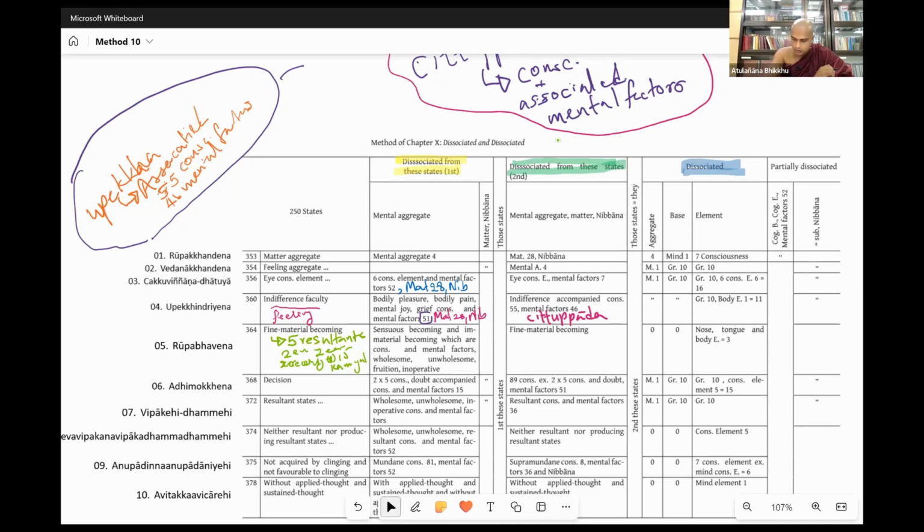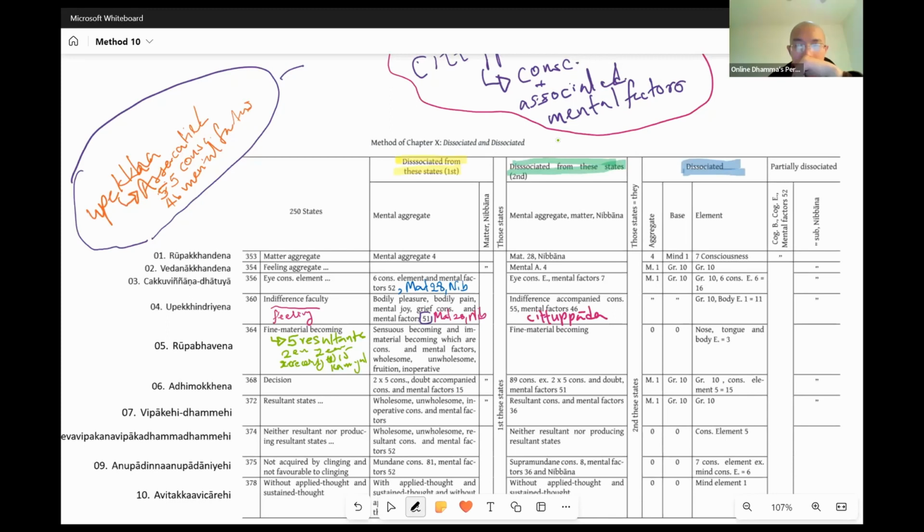Did you get it also? Sorry, but can you repeat again about what rupa? 15 types of rupa are here for the state of inquiry. 15 Kammaja Rupa. Yes. From 20, you have to deduct femininity, masculinity, nose, tongue, and body.